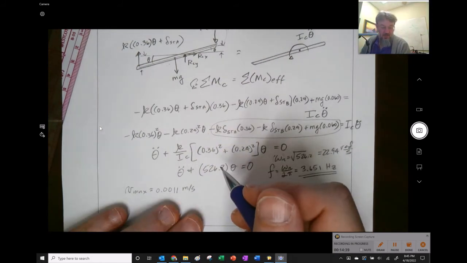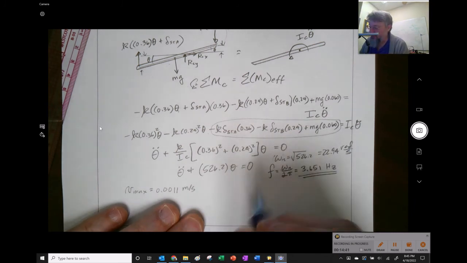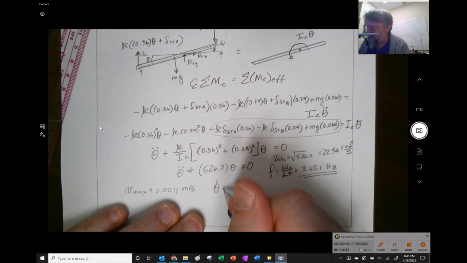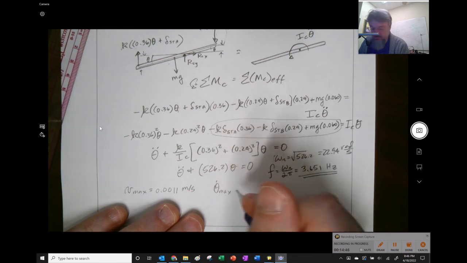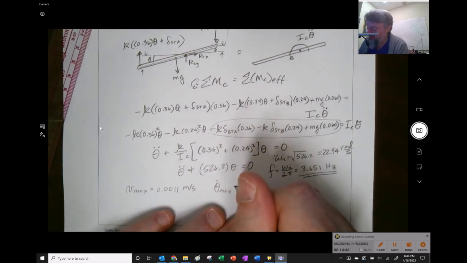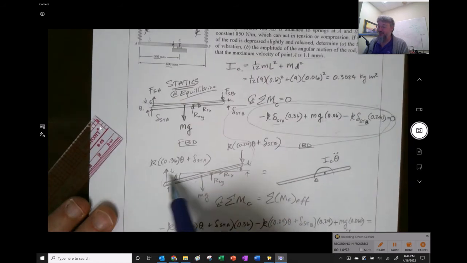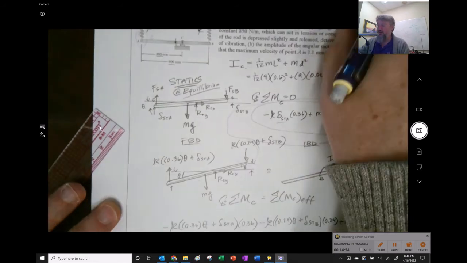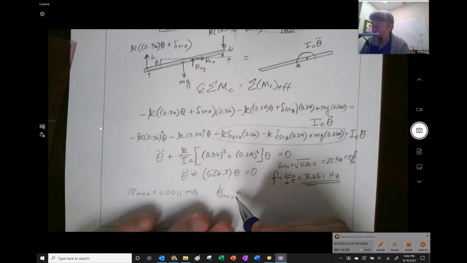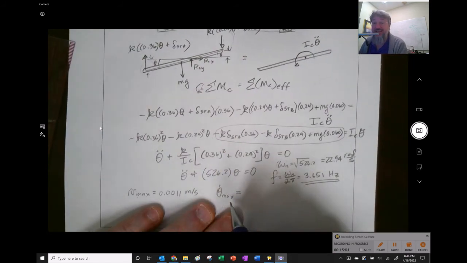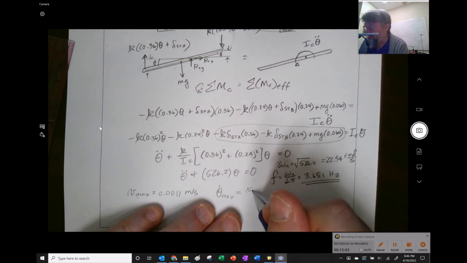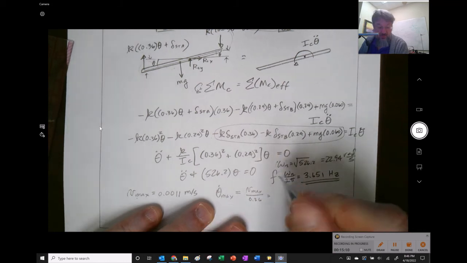So another way to look at that is that theta dot max is going to be equal to, okay, so that's going to occur right here at this end, right there. So if you want to find the velocity at that S, it's going to be maximum velocity. You could find the maximum angular velocity would just be Vmax divided by 0.36, right?